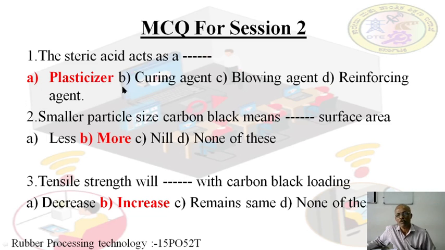Out of these four options, the first one is correct: plasticizer. Sometimes it acts as a plasticizer in a rubber compound. Normally it is a fatty acid. Stearic acid also helps against sticking of the rubber compound to the mill roller.